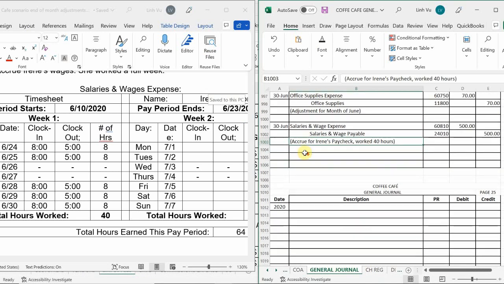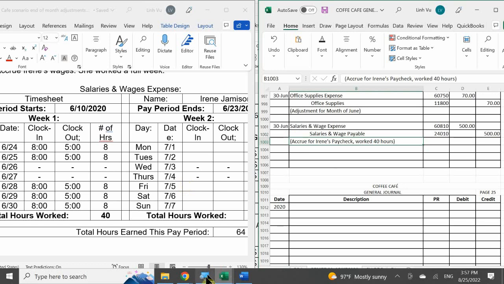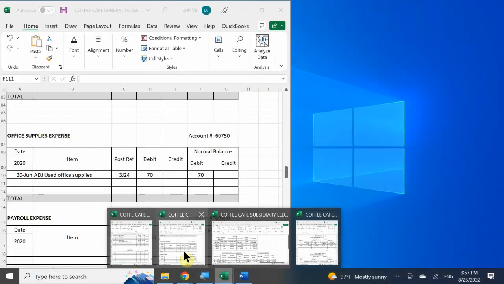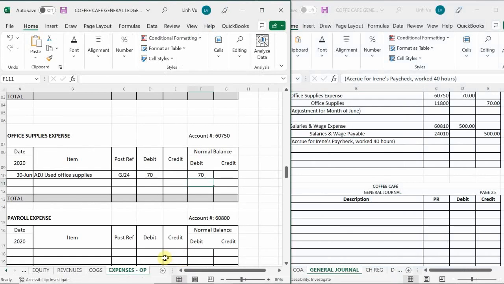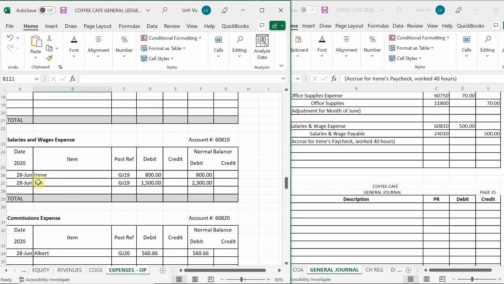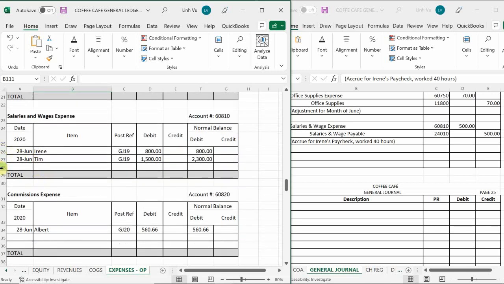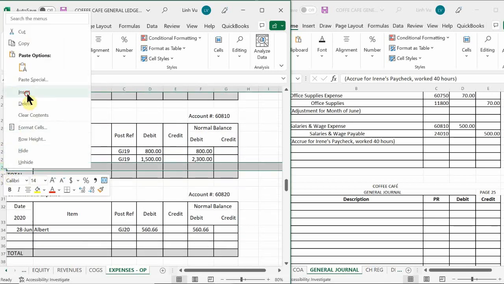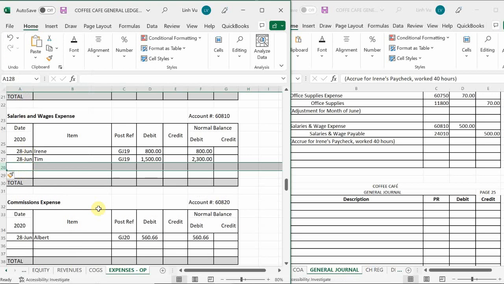All right. So that's just enough space for us to go ahead and move on to the next page. Let's plug our numbers into the worksheet, the ledger. Okay. So we have, once again, operating expenses, right? We do have a salaries and wages expense. So this one you're going to have to increase a row here.